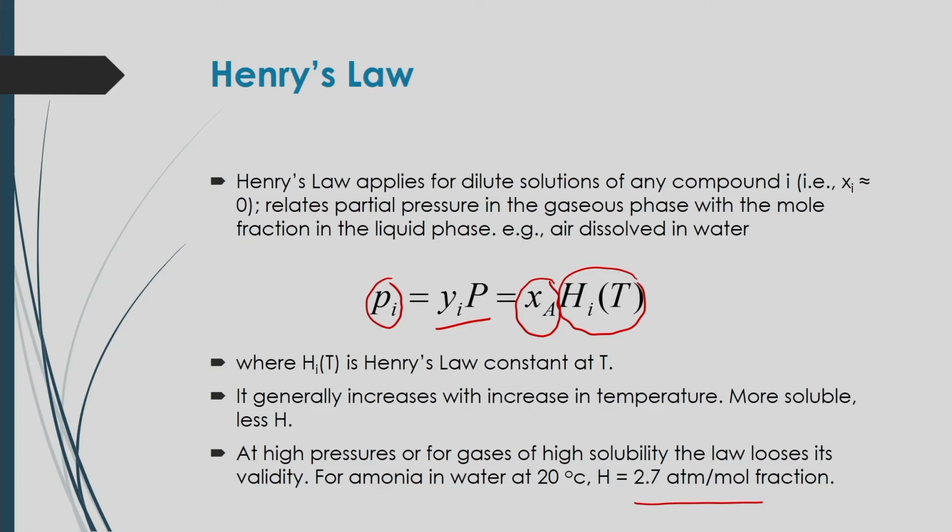So, for dilute solutions of any compound, the partial pressure is related to the mole fraction of the component in the liquid phase, with the proportionality constant being the Henry's law constant, and this constant tells you whether the component will be soluble or not.